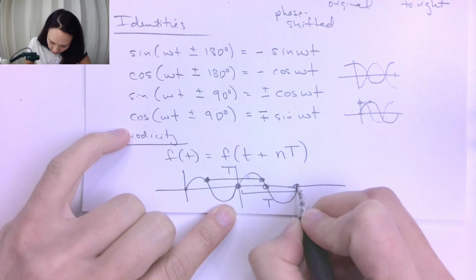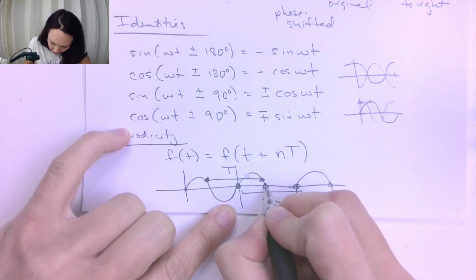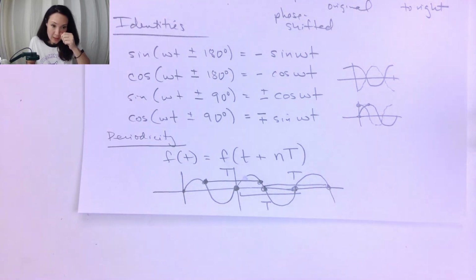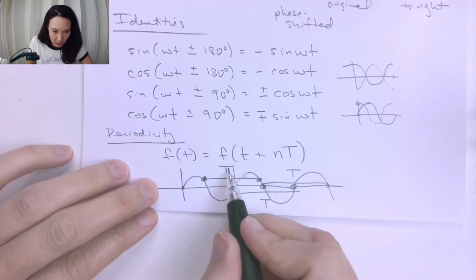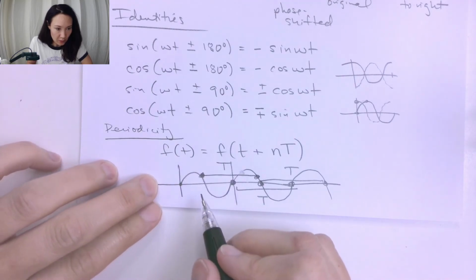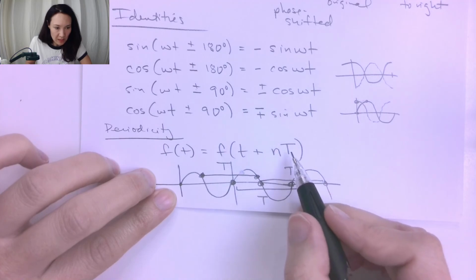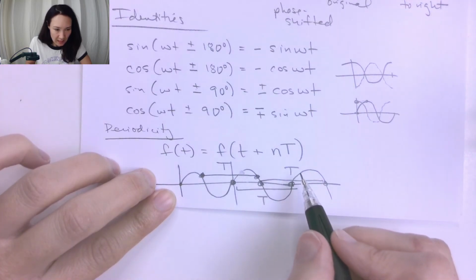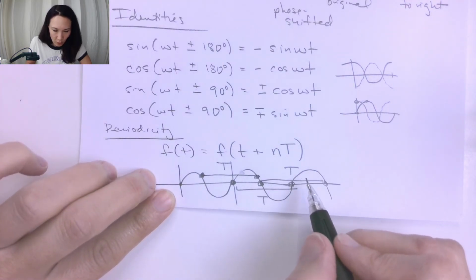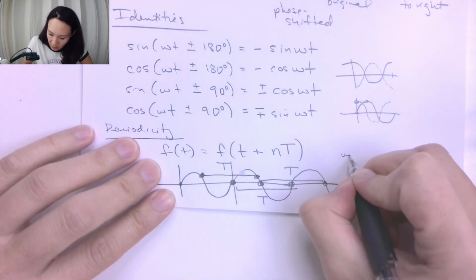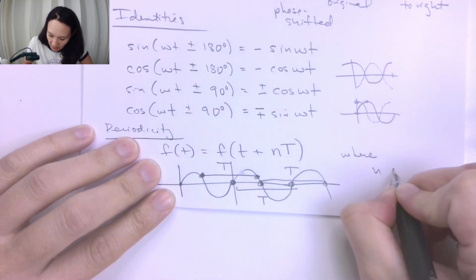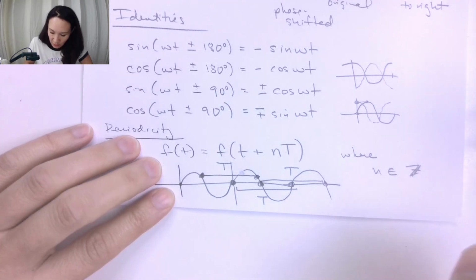This zero crossing to this zero crossing, the distance here is 1 period. So from any point on our original f of t, if we add to it n times the period, we're going to end up in that same y coordinate position, okay? And here I'll just clarify, this is where n can be any integer.